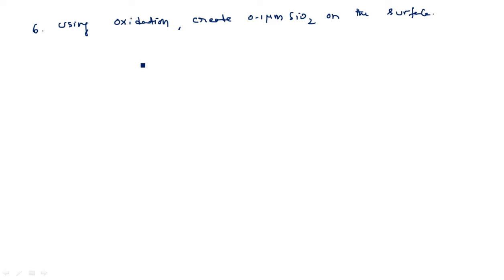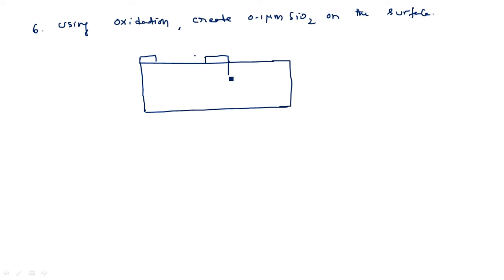So now this is the n-well. The thin oxide has to be deposited on the entire surface. It is the P substrate and this is the n-well.